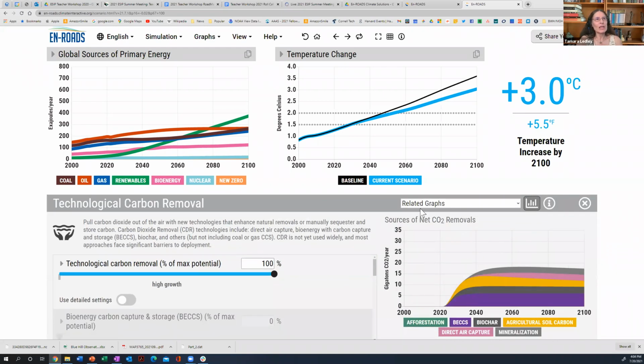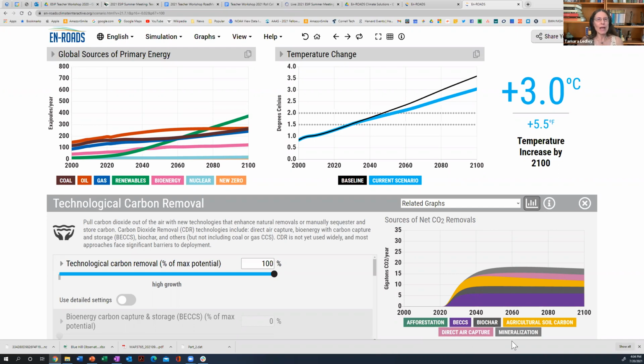These are the different types of technologies that take carbon out of the air. There's afforestation, carbon capture and storage, biochar, agricultural soil carbon. These are in that Google Doc, in the Google folder. There is a one page document that talks about net removals and talks about each of these.